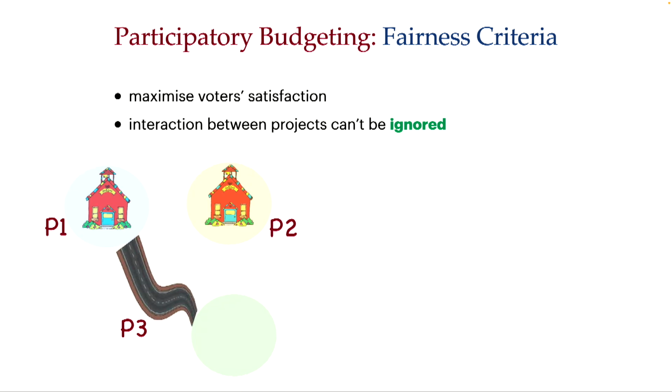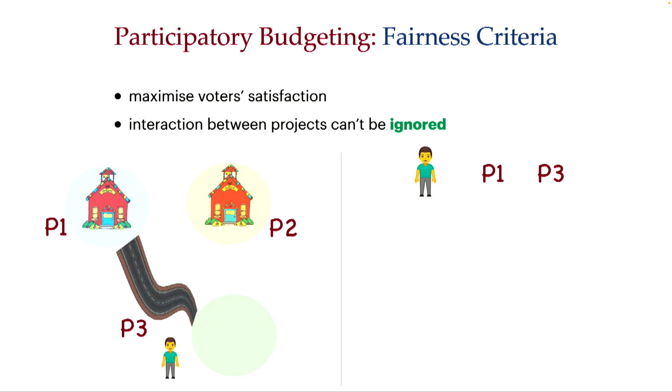Similarly, we could have the effect of project complementarity. What does that mean? Let us say, again the same example, there are a lot of voters of type P1 and P3.